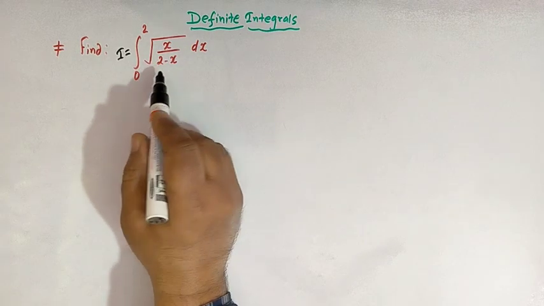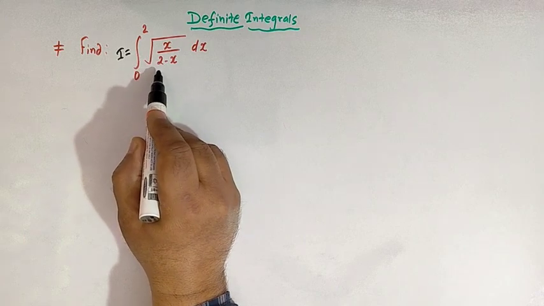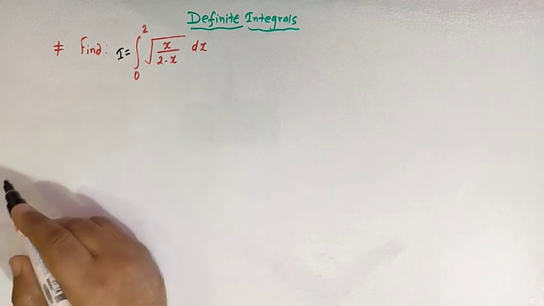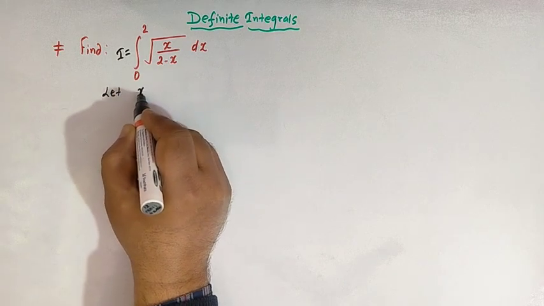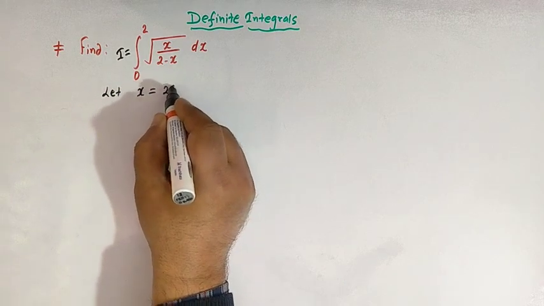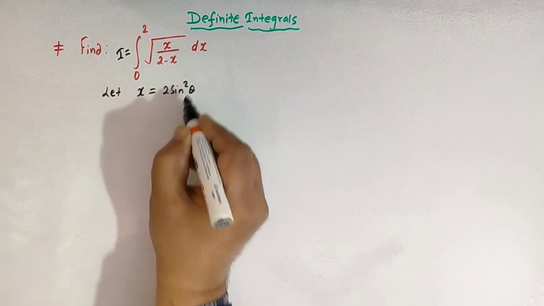So the most appropriate substitution here would be the trigonometric substitution. We'll take x equal to 2 sine square theta. So I will make this substitution, x is equal to 2 sine square theta.